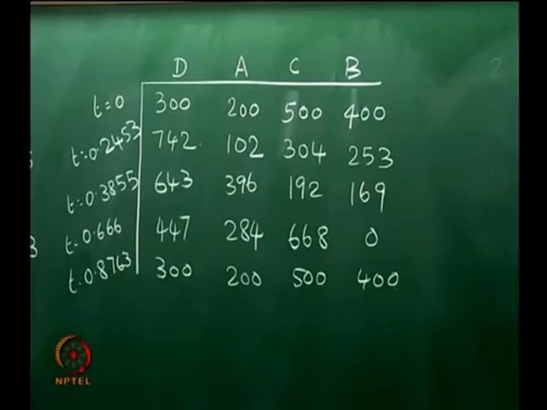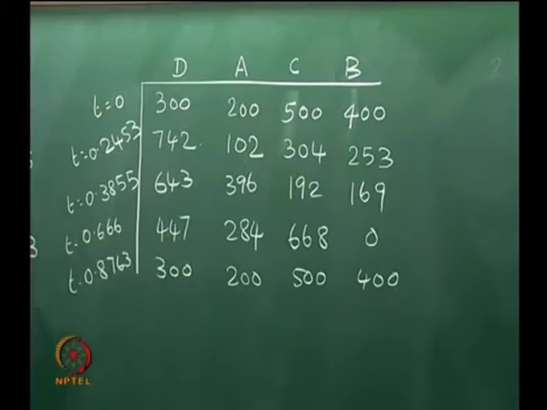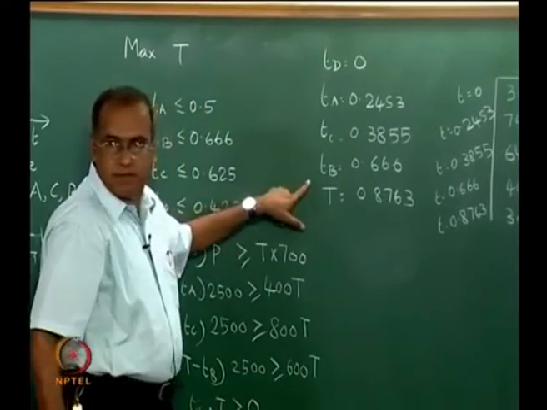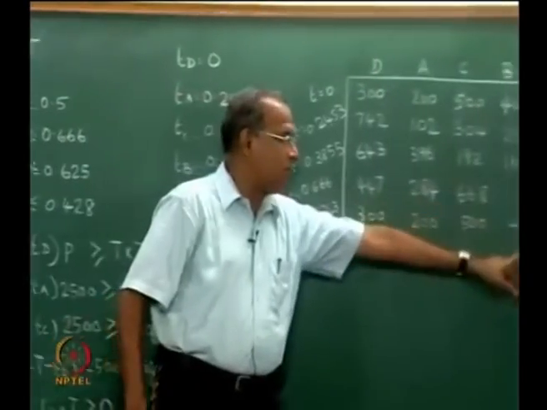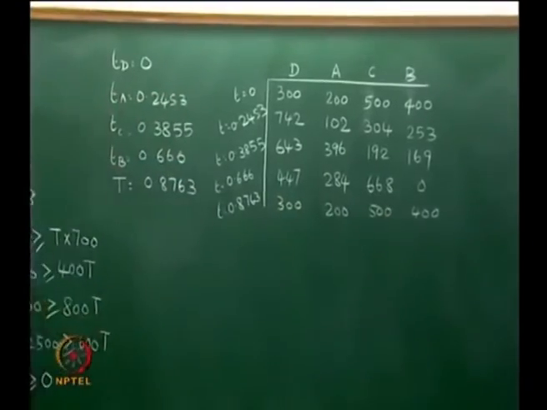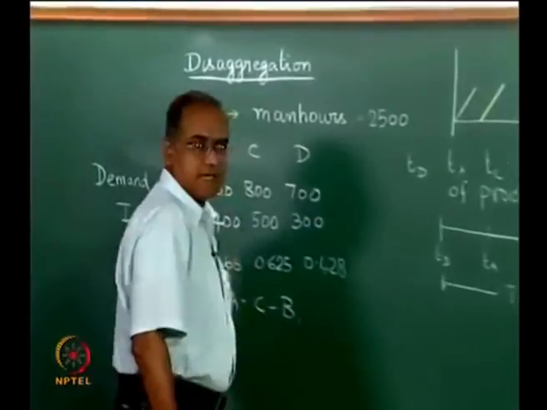Now, at 0.666, this is the inventory position of D. Now, between 0.666 and 0.8763, we are going to produce B. So, B's inventory is going to go up. So, B starts at 0. So, we produce at 2500, we consume while production at the rate of 600.